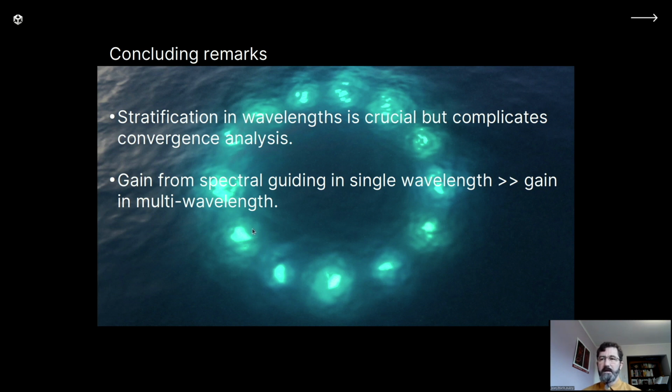And then the gain is about 30%, so 30% faster convergence in the single wavelength case. But because of this stratification complication, the gain in multi-wavelength is a bit less, about 5%. So yeah, that's interesting.